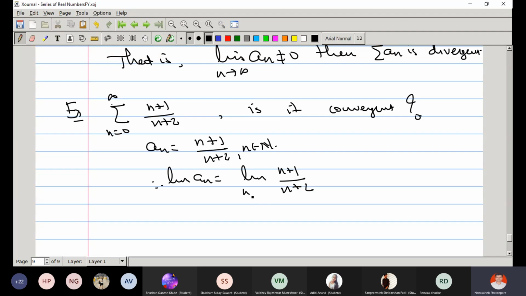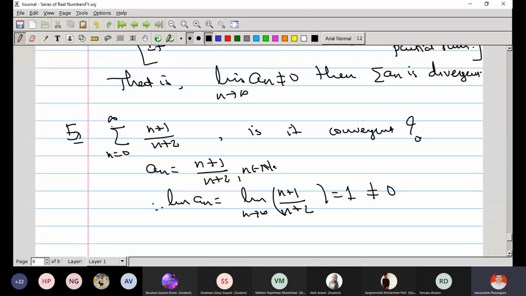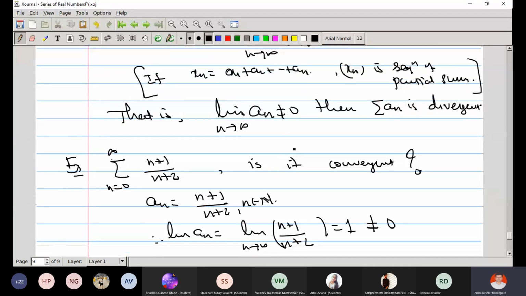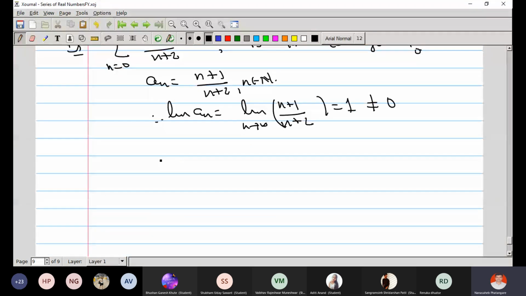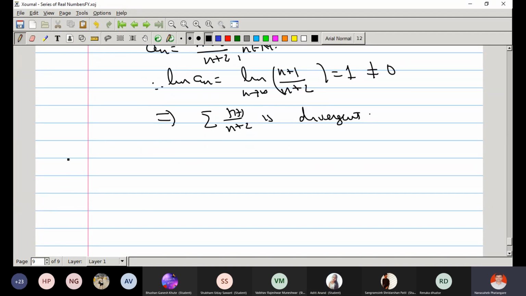The limit is 1, and the limit is not 0. Therefore, by this theorem which we proved yesterday, can we say that the series n plus 1 upon n plus 2 is divergent? Is it clear? Yes, sir. So immediately we can understand this.